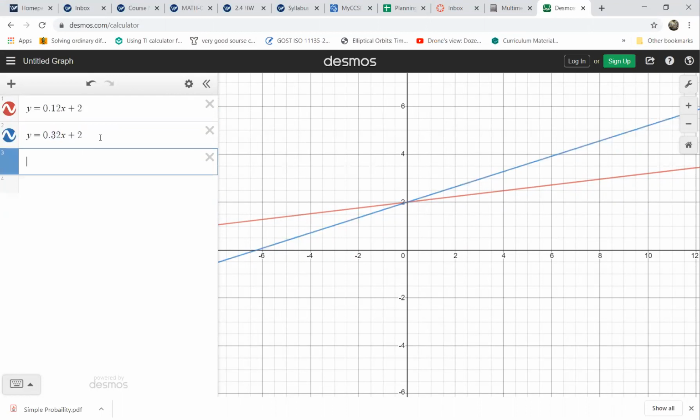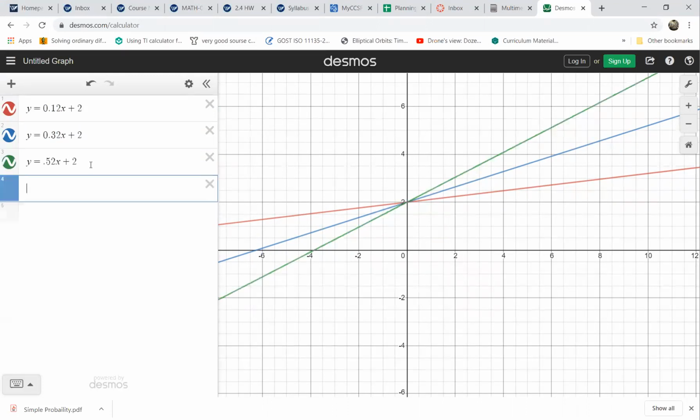I'm going to change the slope to give you a nicer slope. y equals 0.52x plus 2. So this is my new line, the green line. As you can see, the slope is getting larger and larger, and my goal is to have a slope close to 1.